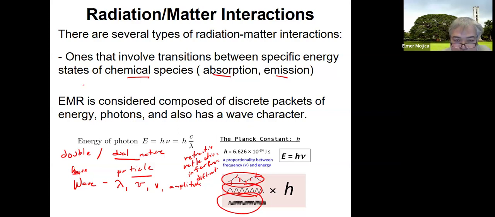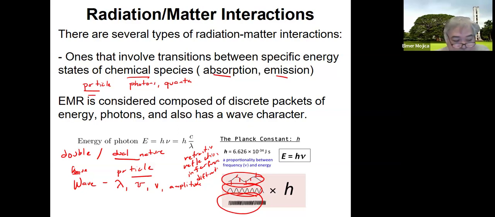Okay? Now, in addition to this, so we have the wave property. Ano naman yung mga particulate property? O yung particles. So it can be described in terms of photons. Ano pa other term? Quanta. Okay. So the other dual nature that you have there, this particle, you can describe electromagnetic radiation as consisting of photons or what we call quanta.